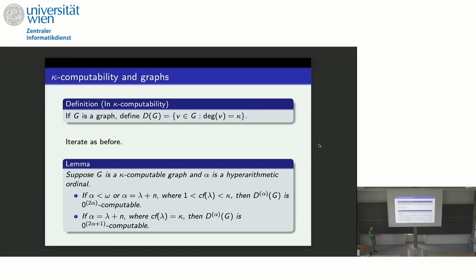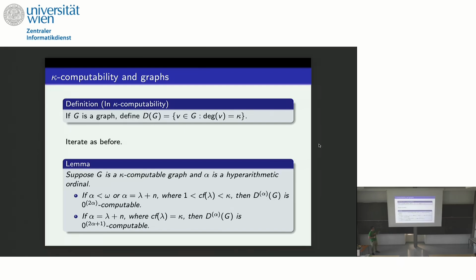Now I want to define the derivative. In the countable world, I said infinite degree, since it's countable, that means degree is aleph naught. Here we've got kappa, so I'm going to say I want the vertices of degree kappa. Throw away everything whose degree is smaller. Iterate in the exact same way. This is the successor step, and at limits take intersections.